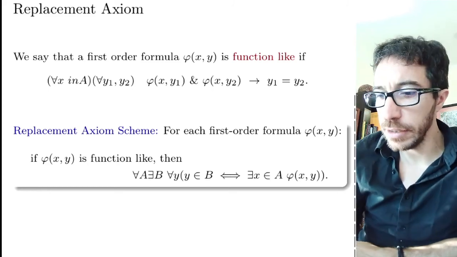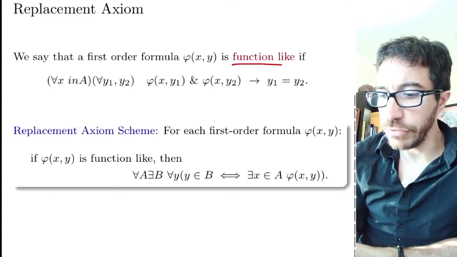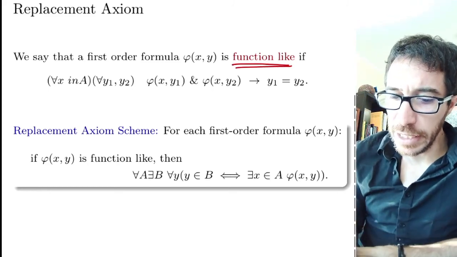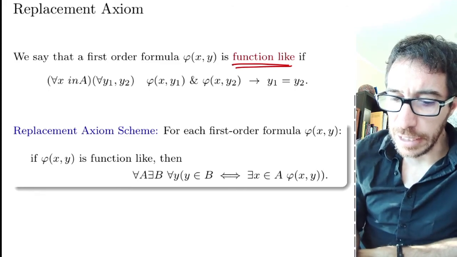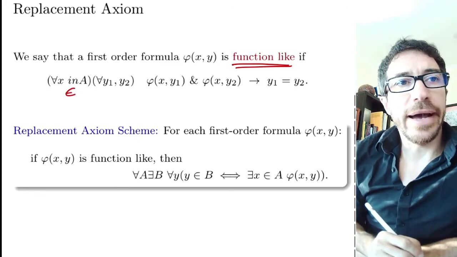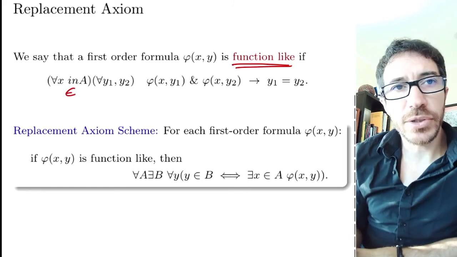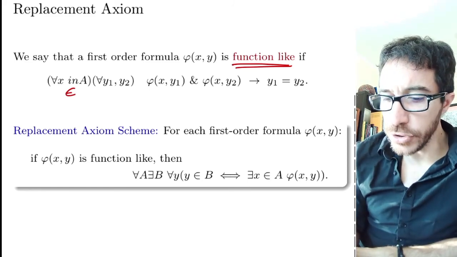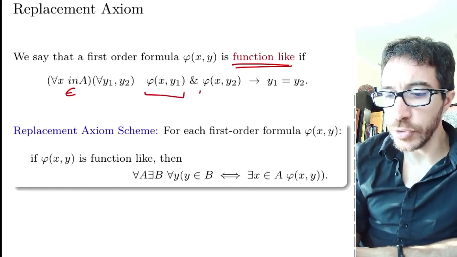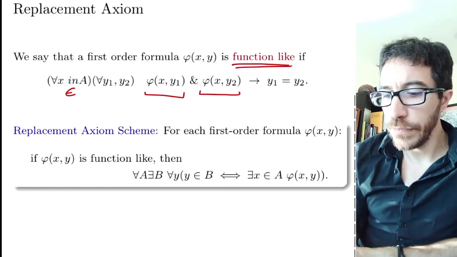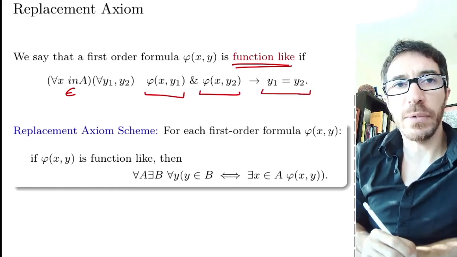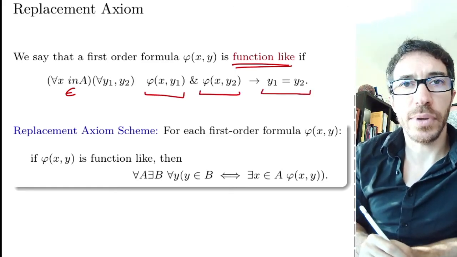The property is that for every x in A and for every y1 and y2, if phi holds of x together with y1, and phi holds of x together with y2, then y1 and y2 were already equal.